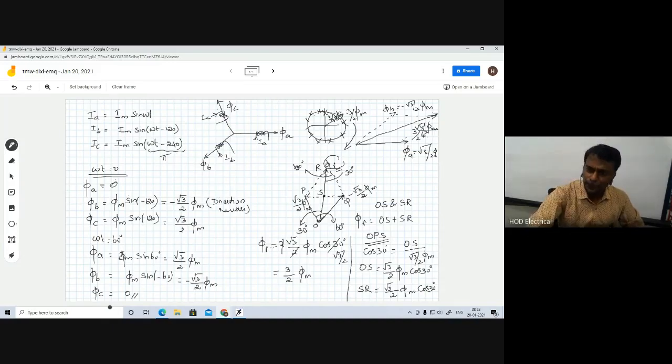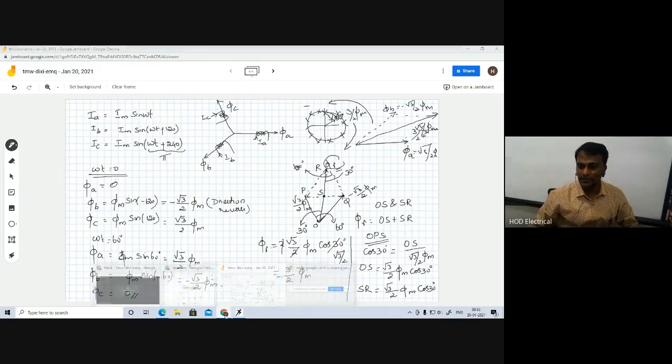Now if you change this phase sequence, with omega t plus 120 degrees and omega t minus 120 degrees, your rotation will be in the opposite direction. One can try with that. With this, I would like to conclude today's lecture.